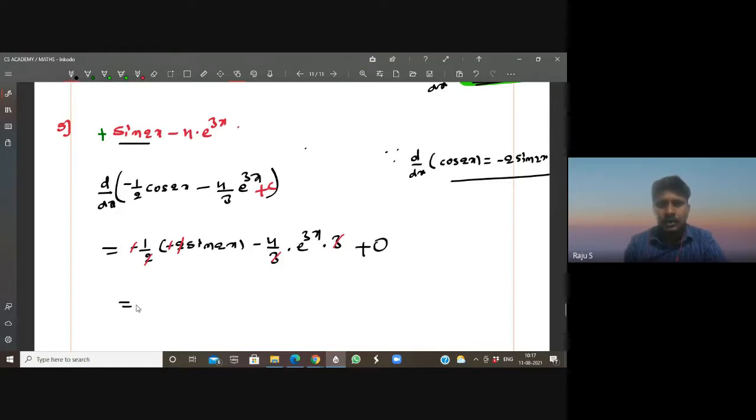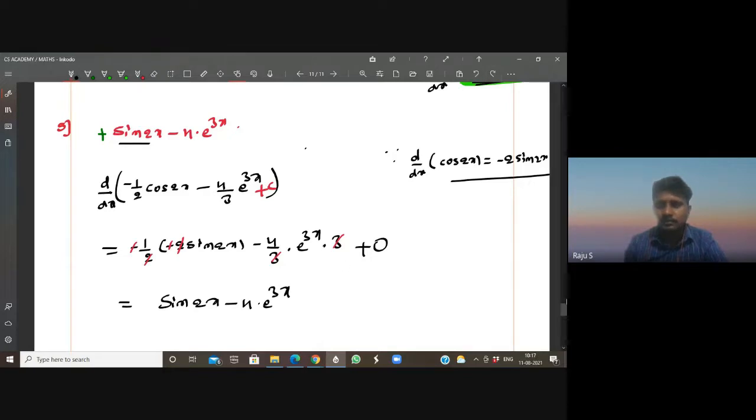So now look here, we are going to get the same function, the given function sine 2x minus 4 times e power 3x. That's it. So what shall we conclude here?